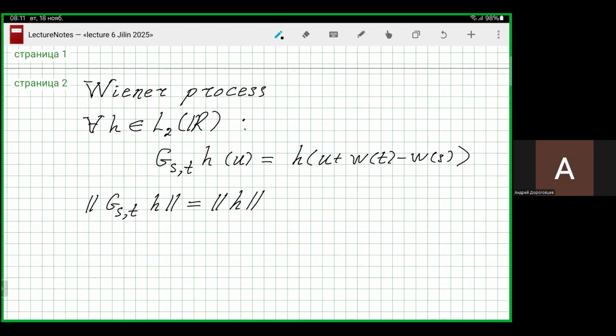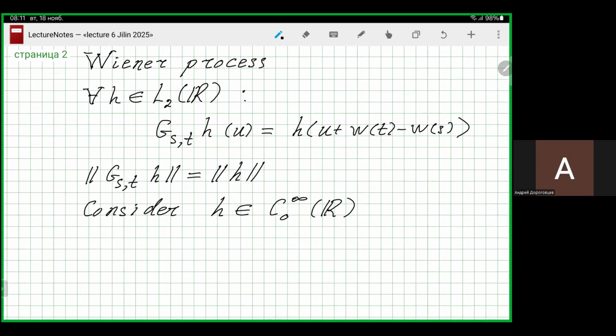Then one can ask what about the equation for J_{ST} h? To understand what kind of equation we can expect, let us take h of a special form. I will take h smooth, h from the test functions, infinitely differentiable with finite support.